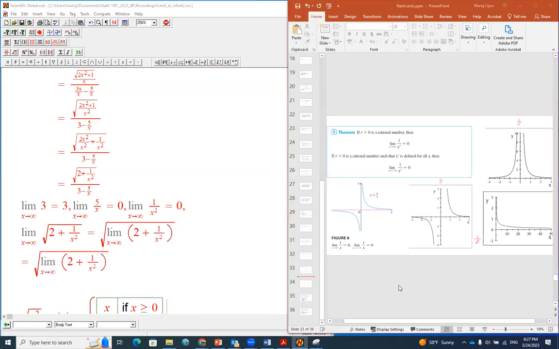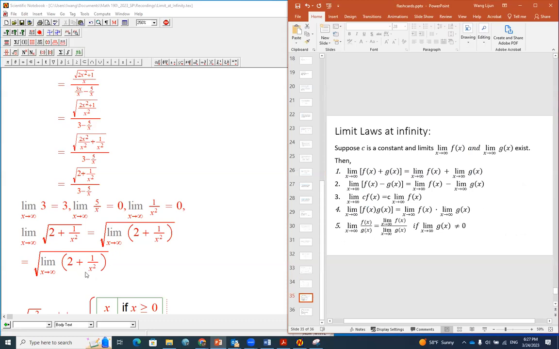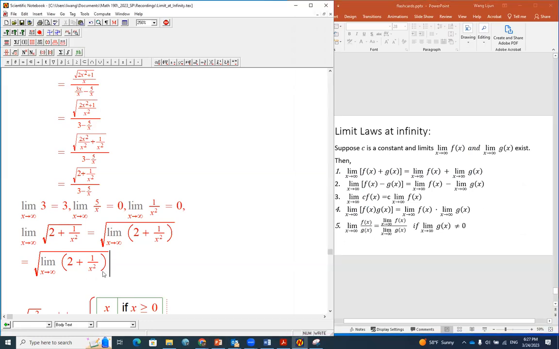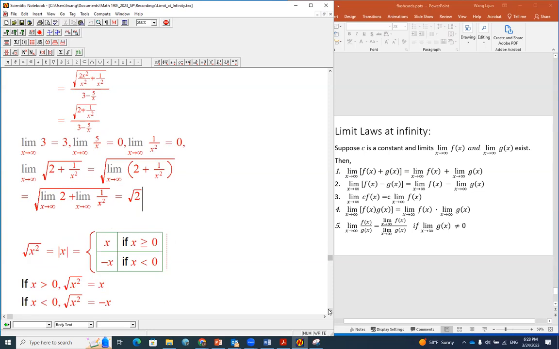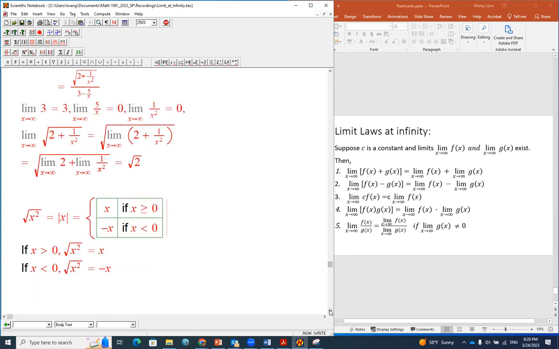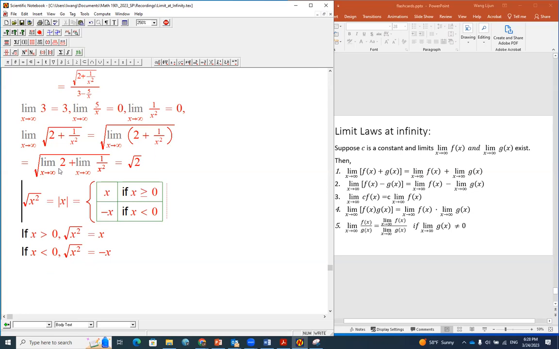So you can apply the laws of limits and separate it into the limit at infinity of 2 and the limit of 1 over x squared at infinity. And of course, that limit is the square root of 2. You have checked that each individual limit exists. Look at all this scratch paper work. We're going to have to organize it.